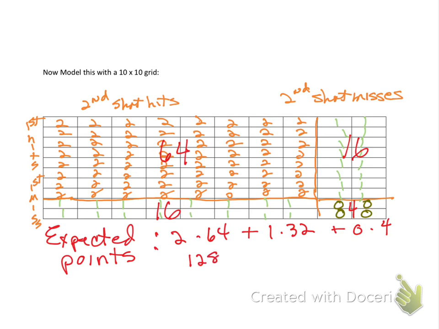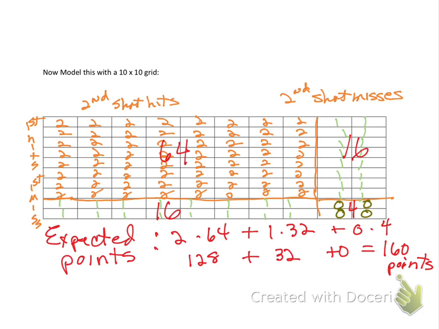If I would add up all those 2's, I would have gotten 128. Plus, if I added up all the 1's, I would get 32 plus 0. So her expected points are going to be 160 points. Okay, and that's for 100 trips to the foul line.